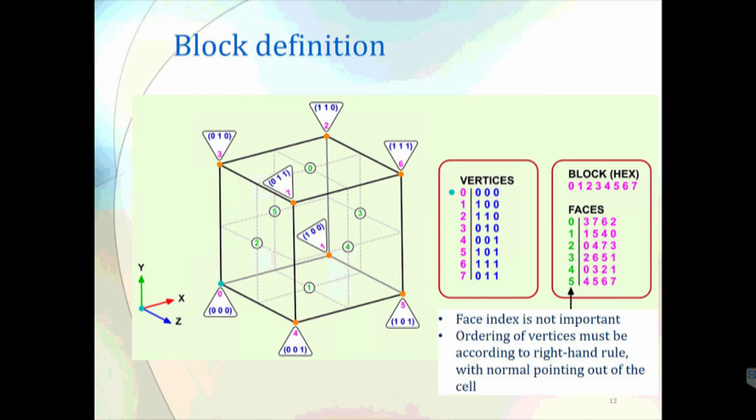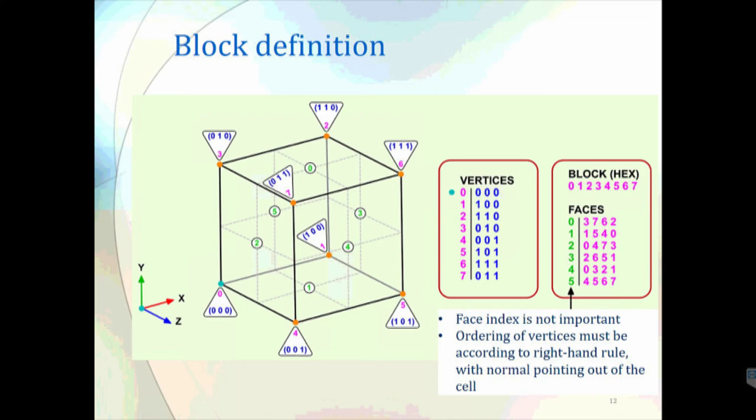But how do we define a block? Because in OpenFOAM, we have to define everything about our mesh. So we have learned to define vertices, we have learned to define faces. Now, how do we define a block? A block is simply defined by listing the different vertex points.